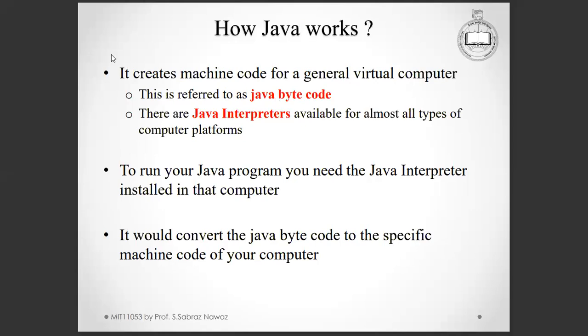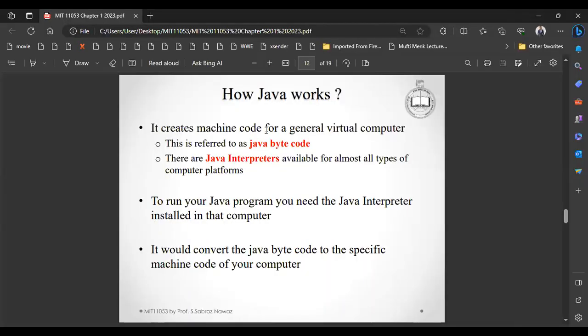So now we are going to see how Java is working. Initially it creates machine code for a general virtual computer, which we call Java bytecode. Then there are Java interpreters that are available for almost all types of computer platforms.